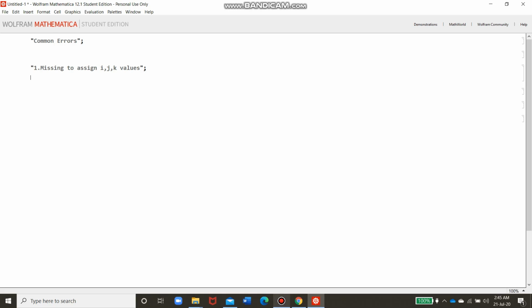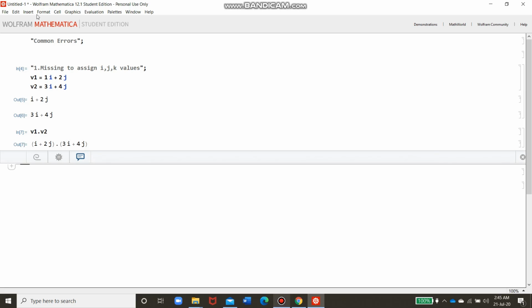For example, I have two equations, v1 is equal to 1i plus 2j and v2 equal to 3i plus 4j. Now if I press shift enter, I have the two equations, and if I do v1 dot v2, because this is the dot product, shift enter, I am not getting any values.